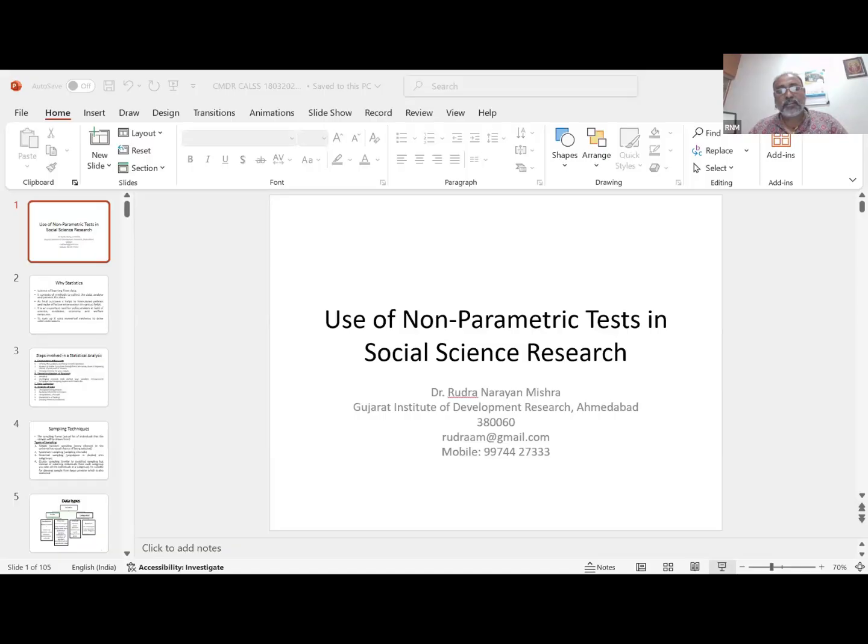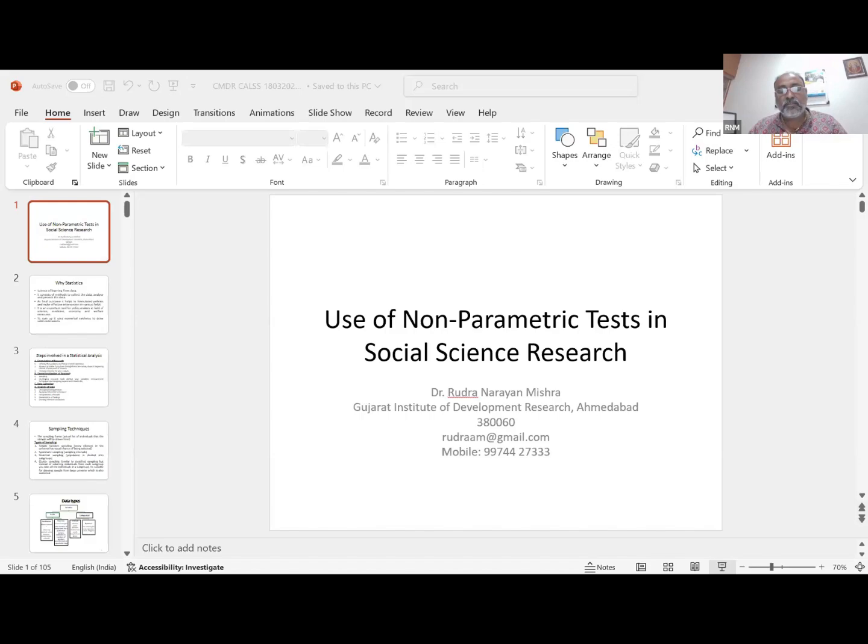Because as I told yesterday, any research has two constraints: social science research or natural experiments, that is called budget and time. Apart from that, you have certain mandate to explore certain relations, certain outcomes, certain procedure transformations.